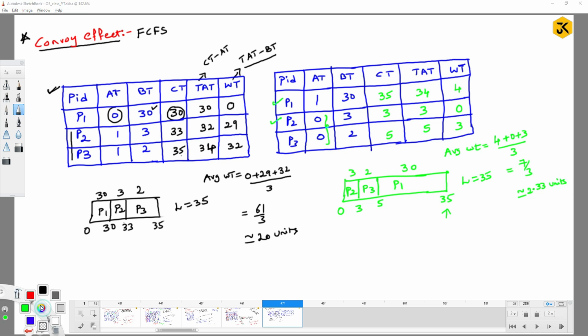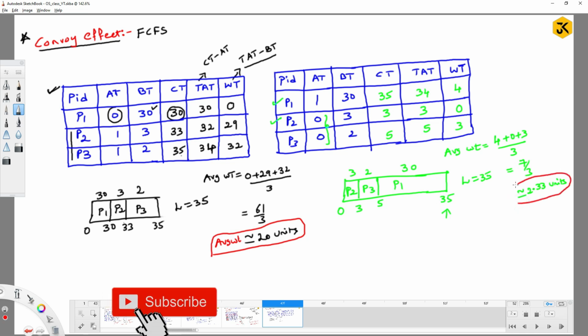Guys, if you observe, this particular example is providing an average waiting time of 20 units. This example is providing an average waiting time of 2.33 units. But look at the data they have given. The burst time of process P1 is 30, which is arriving at 0.